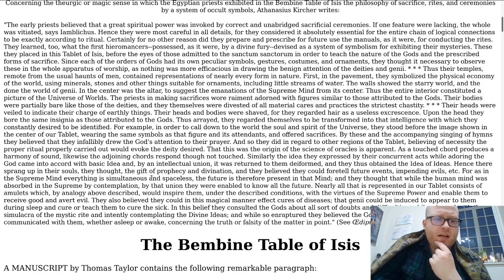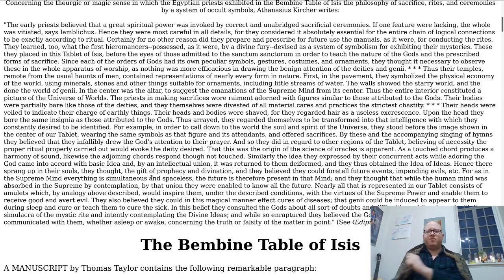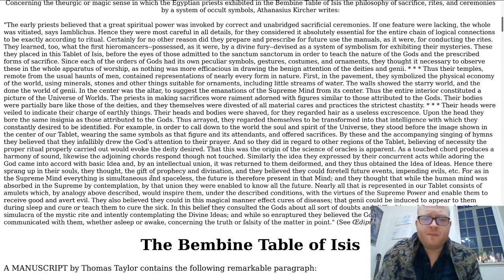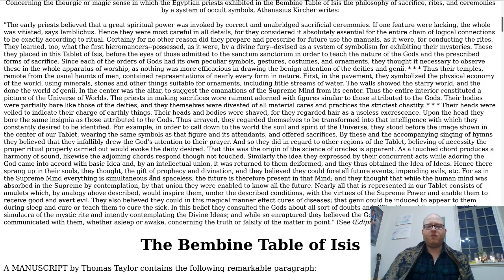Hence, there sprang up in their souls, they thought, the gift of prophecy and divination, and they believed they could foretell future events, impending evils, etc., for as in the Supreme Mind everything is simultaneous and spaceless, the future is therefore present in that mind. And they thought that while the human mind was absorbed in the Supreme by contemplation, by that union they were enabled to know all the future.